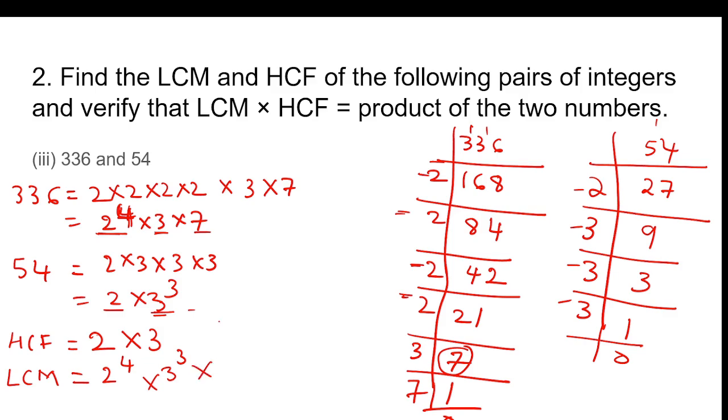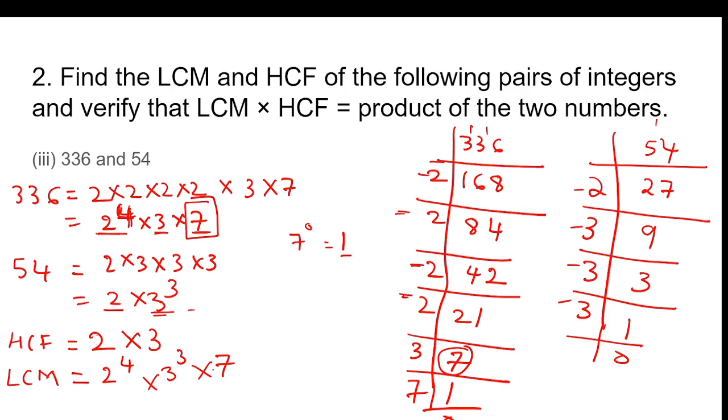Okay, and then here 7 to the power 1 is there, and here 7 to the power 0. Anything to the power 0 is going to be 1. So here I should take 7 because one has 7 to the power 1 and the other has 7 to the power 0, and 7 to the power 0 means 1.